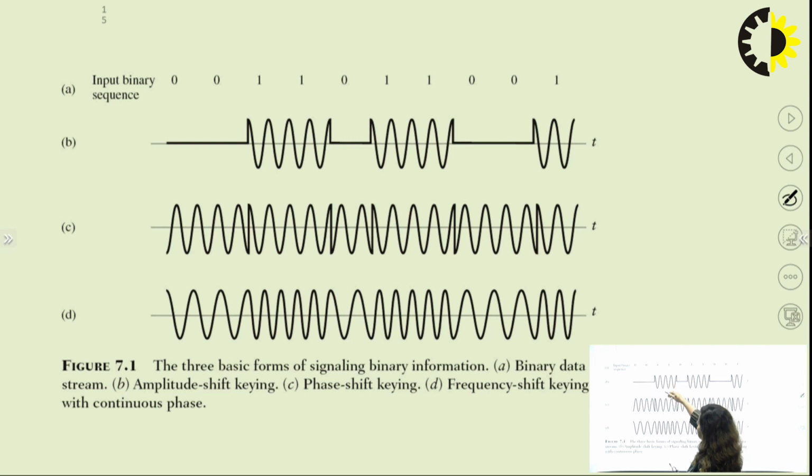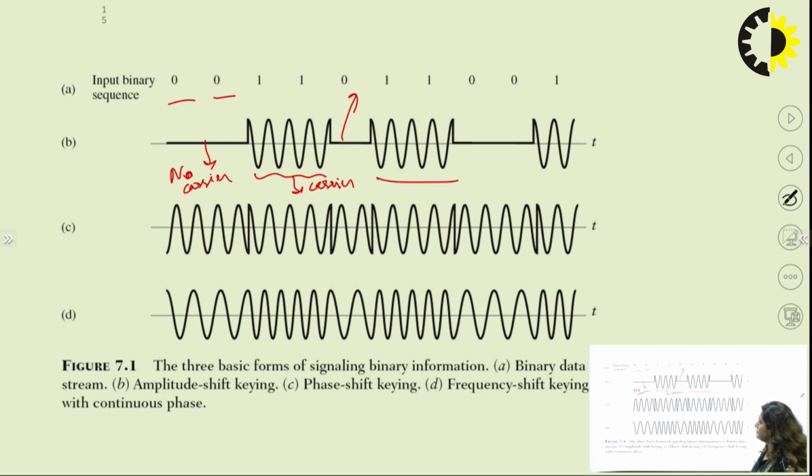In ASK, wherever the carrier is present, that is the bit 1 multiplied with the carrier. Wherever the input sequence is 0, there is no carrier present. Wherever the data is 1, there is carrier.